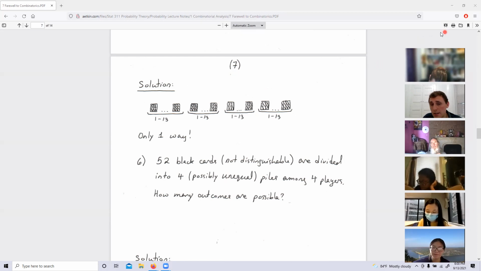The cards are the same, guys. They're not different, right? Imagine that the cards now were turned into unit dollars, right? So it's $1, another dollar, and then you divide it among the players. Each player gets one pile, precisely.